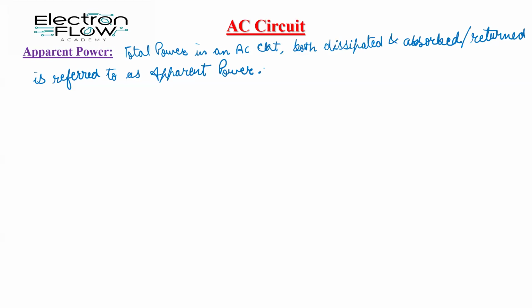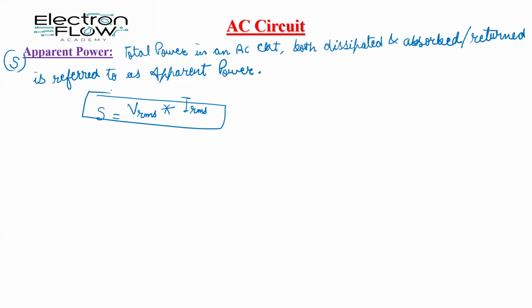In an AC circuit, the product of the RMS voltage and the RMS current is called the apparent power, denoted by capital S. Capital S is equal to the RMS value of voltage multiplied by the RMS value of current. When the circuit is purely resistive, the apparent power is equal to the real or true power.